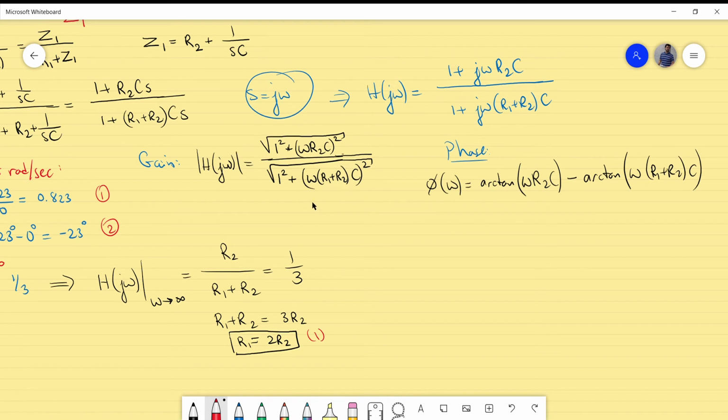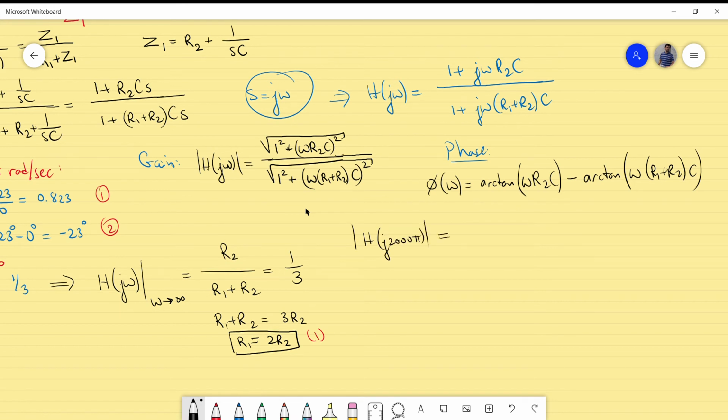So what do you have? I have the following. I will substitute the value for omega. Let me move on with black. So I have H at j 2000 pi.